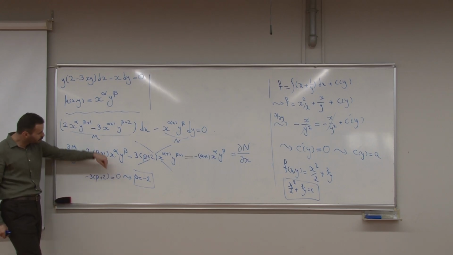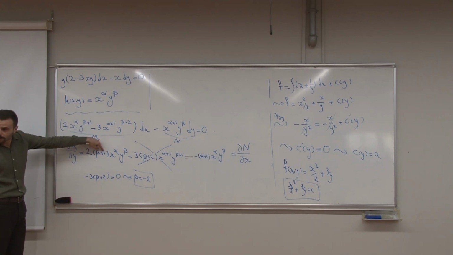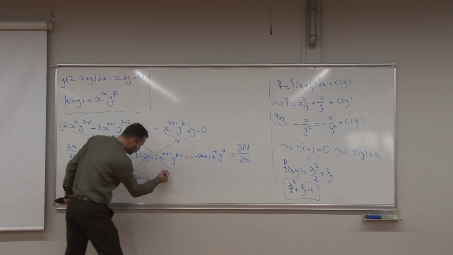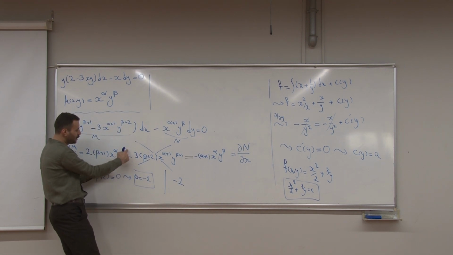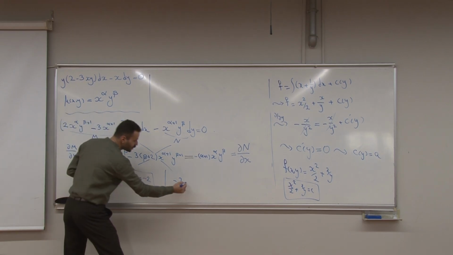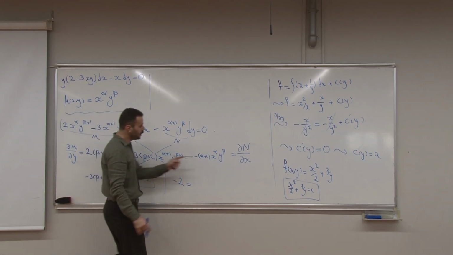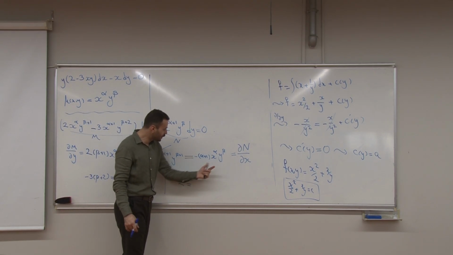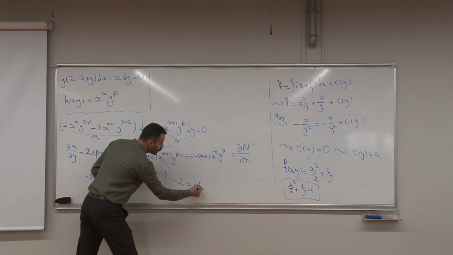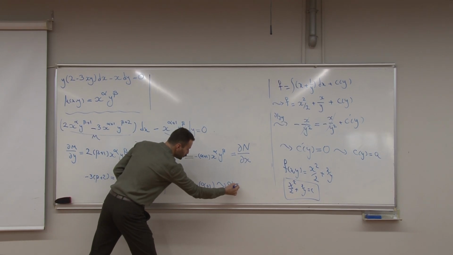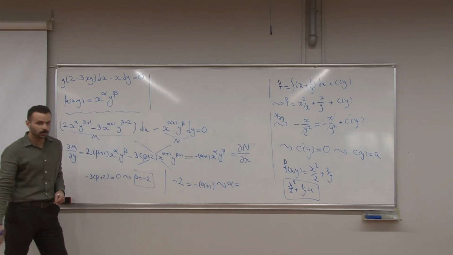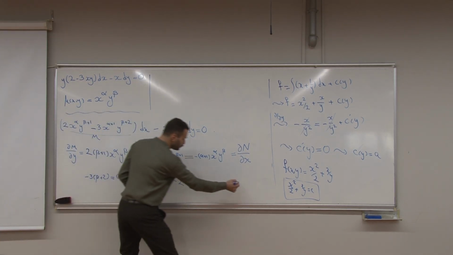Beta was minus 2, plus 1, right? Minus 2 plus 1 is minus 1, so minus 2 times that. The coefficient of x^alpha y^beta in the left hand side must be equal to the coefficient of x^alpha y^beta in the right hand side. So this is also like minus (alpha plus 1). And from here you can get that alpha is equal to what? 1.